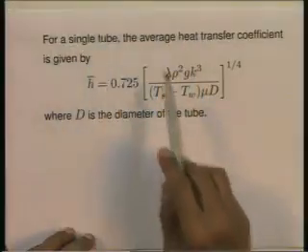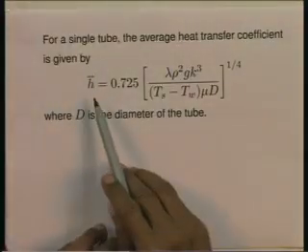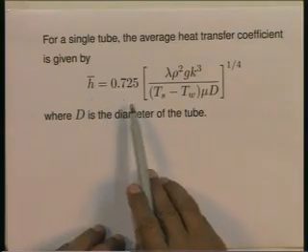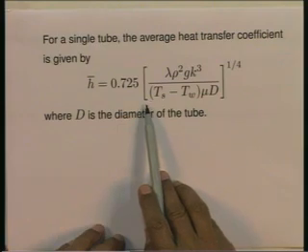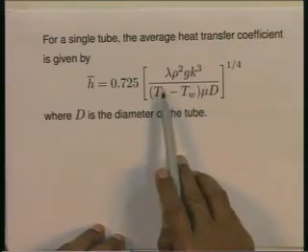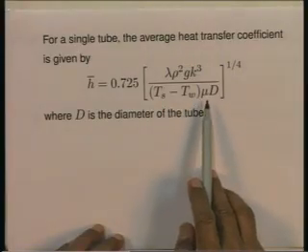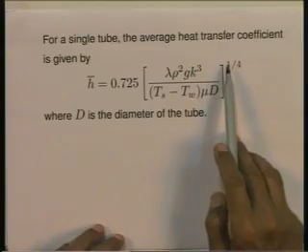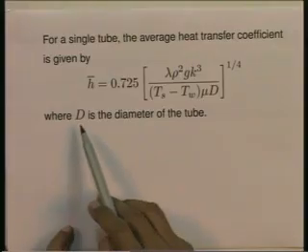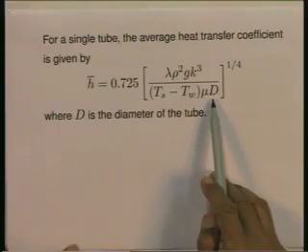For a single tube, the average heat transfer coefficient is given by h bar equal to 0.725 within square bracket lambda rho squared g k cubed divided by T s minus T w multiplied by mu D, close the square bracket, the whole thing raised to the power of 1 by 4, where capital D is the outer diameter of the tube.